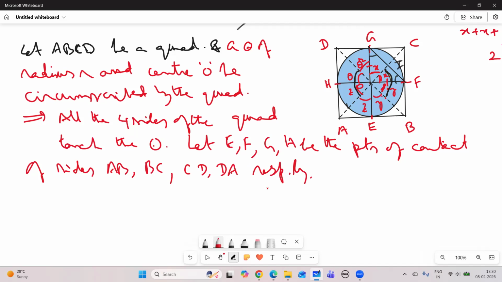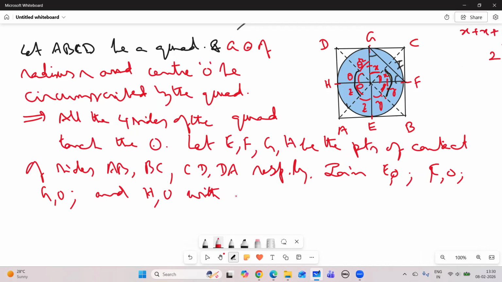Join these with the center: EO, then FO, then GO, and HO with line segments.